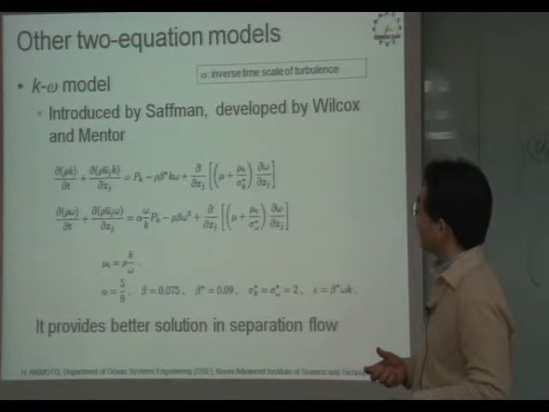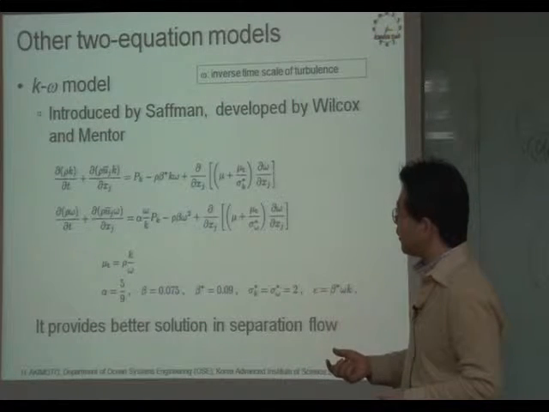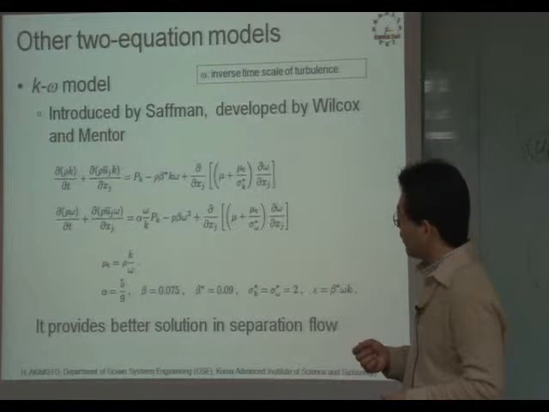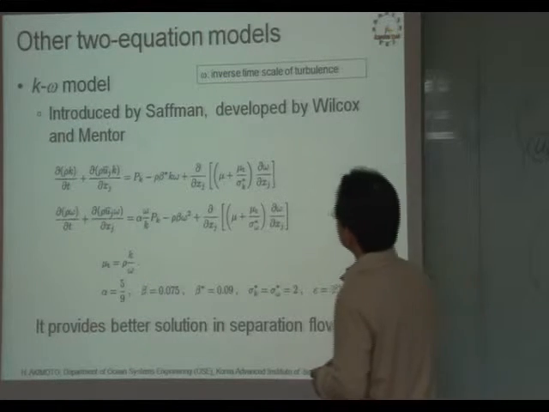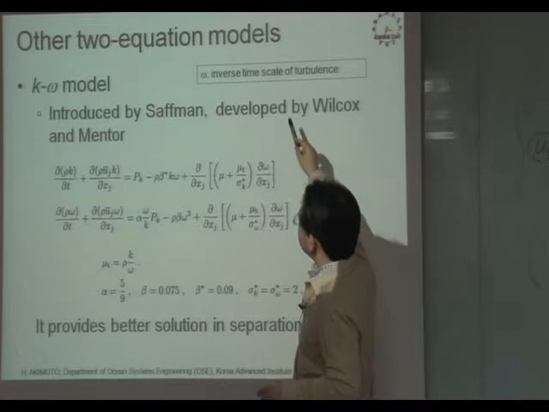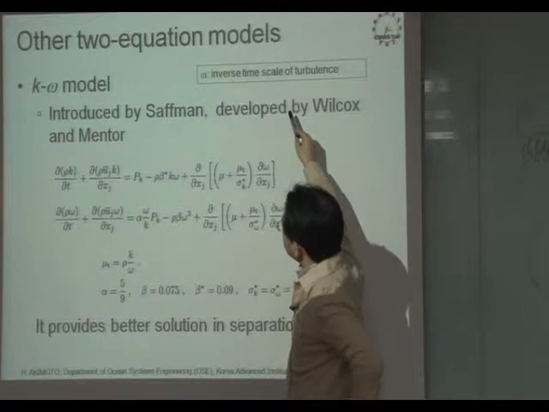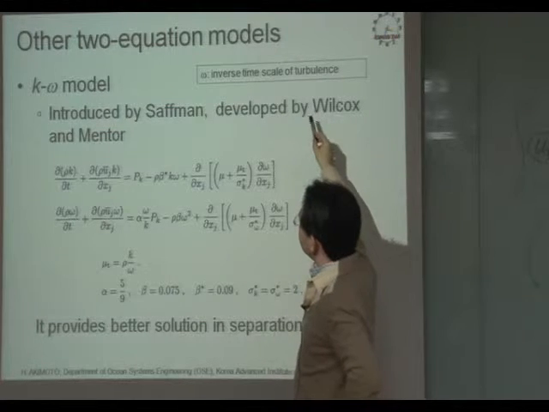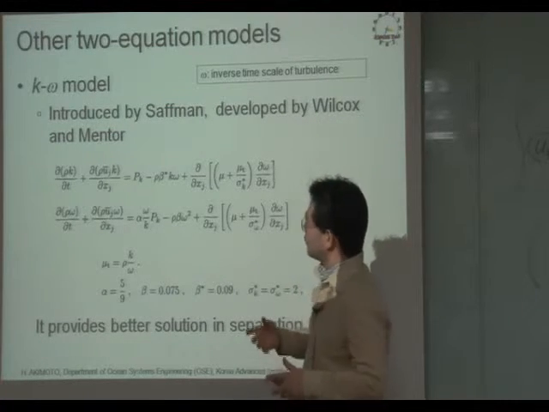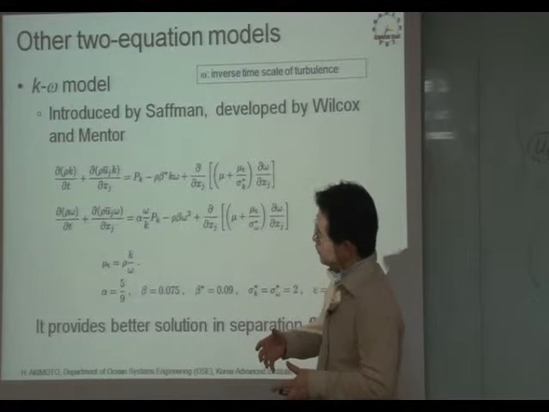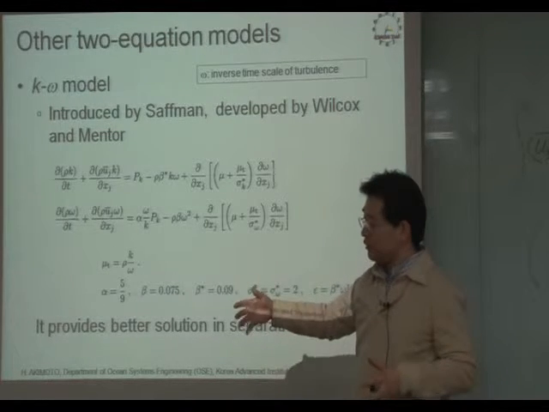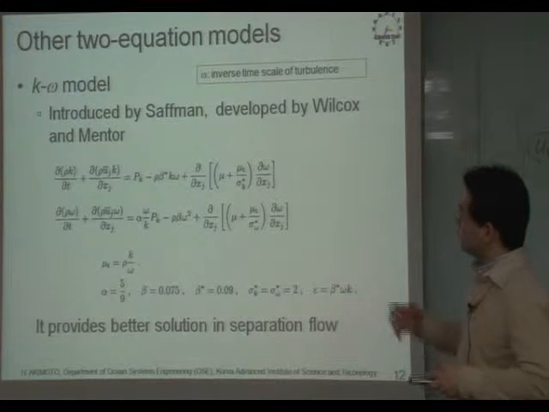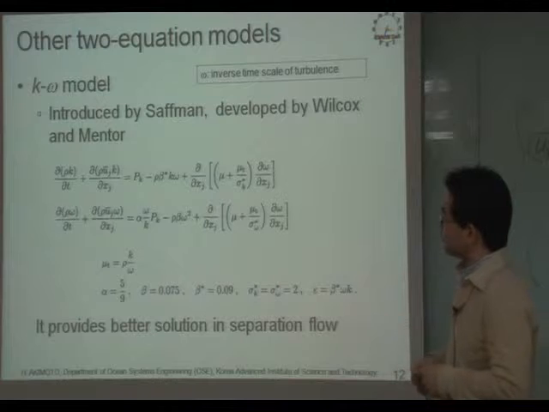Large omega indicates small scale motion. So the definition is inverse time scale of turbulence. So it is related to the scale of turbulence in a wide range of cascade.